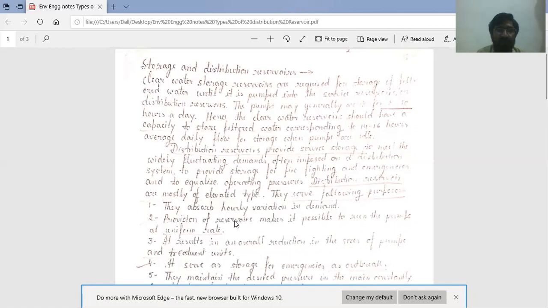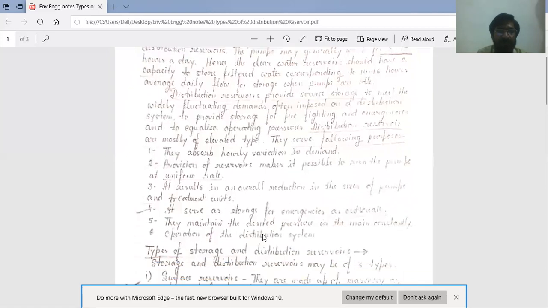First purpose is they absorb hourly variation in demand based on hourly demand. Second, provision of reservoir makes it possible to run the pumps at uniform rate. Next purpose is it results in overall reduction in the size of pumps and treatment units.